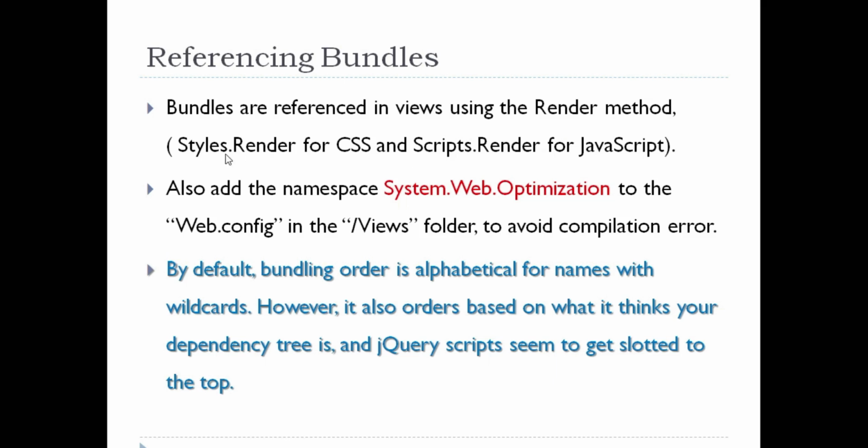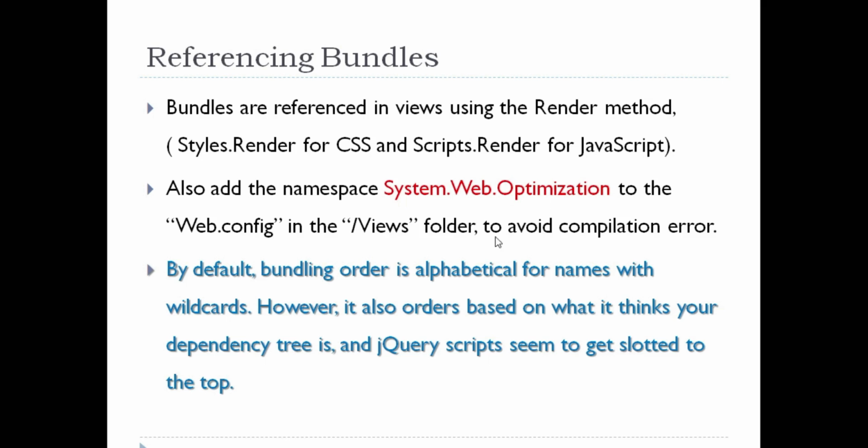So suppose you want to render a style bundle, you will use the Styles.Render method, and to that you have to specify your bundle name, and similarly for rendering the script bundle you will use the Scripts.Render method. Okay, and for that you have to add this namespace in your view also. So instead of adding it again and again, what you can do, you can add it in the web.config file in the Views folder. Mark this. Okay, this web.config file is not the root level file, it is present in your Views folder. So there you can add this namespace.